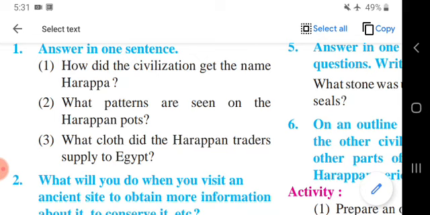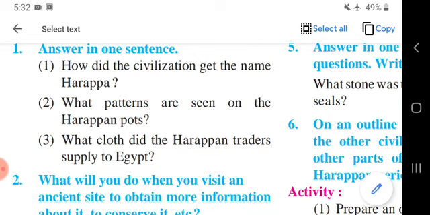The civilization was discovered in 1921 and it got the name Harappan civilization because its remains were excavated at Harappa on the bank of the river Ravi. I'll read the answer again. You can write as per the question: the ancient civilization was discovered in 1921 and it got the name Harappan civilization because its remains were excavated at Harappa on the bank of the river Ravi.